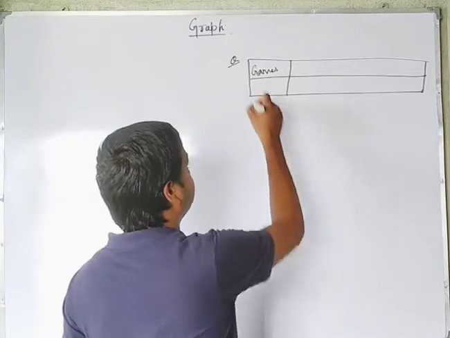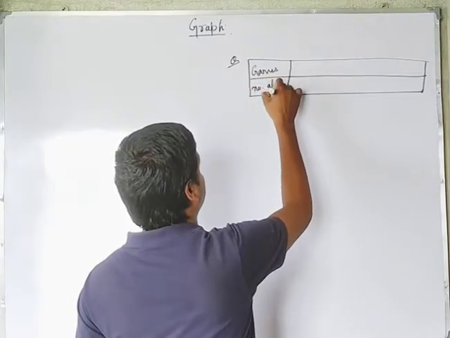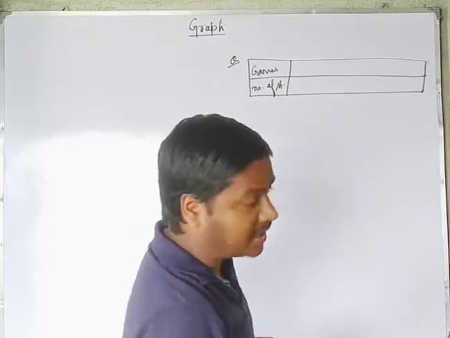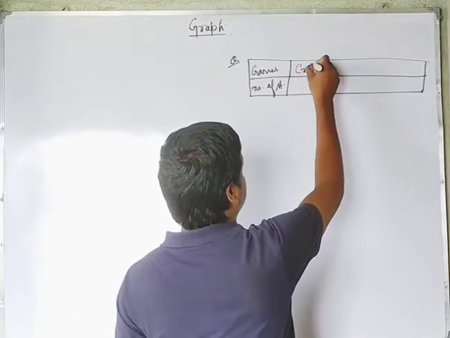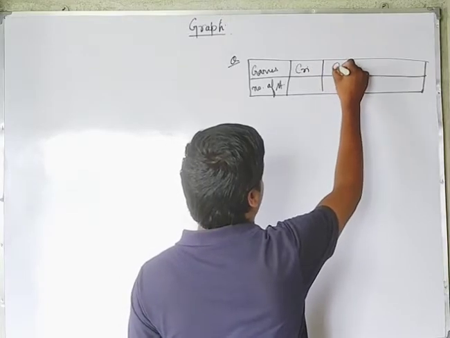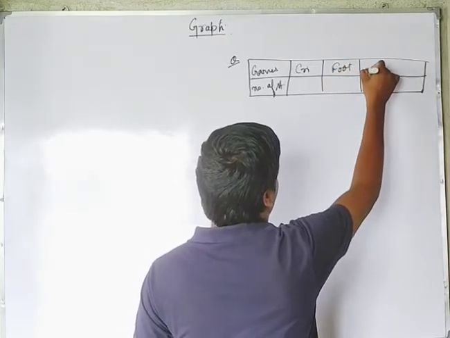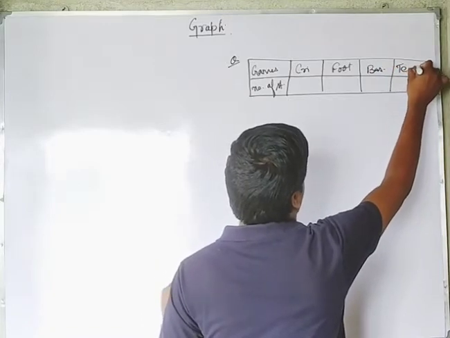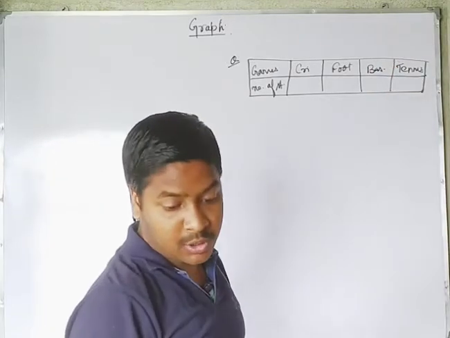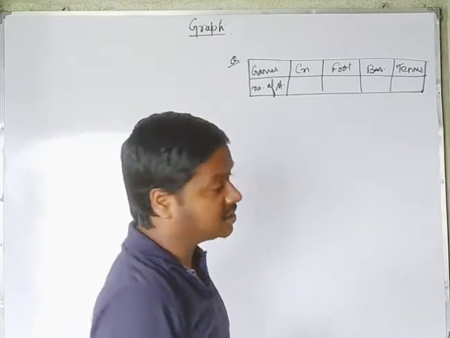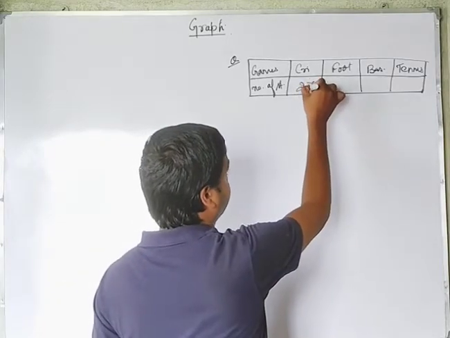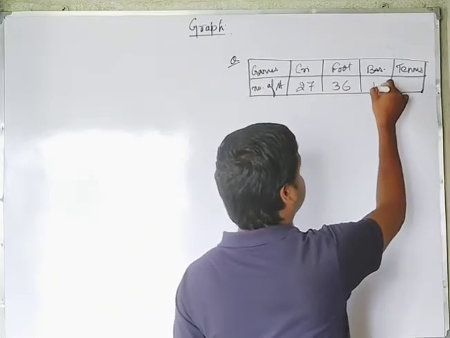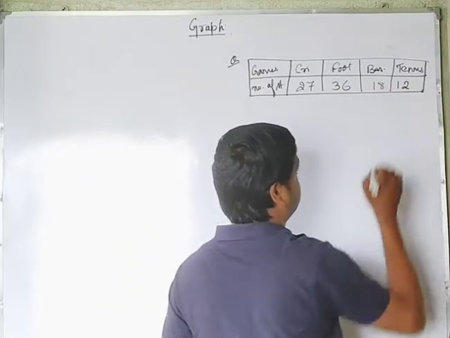First is cricket, football, basketball and tennis. 27 students are playing cricket, 36 students are playing football, 18 students are playing basketball and 12 students are playing tennis.